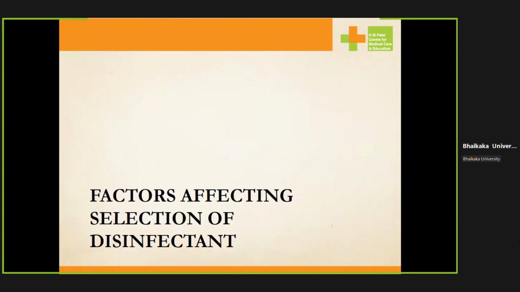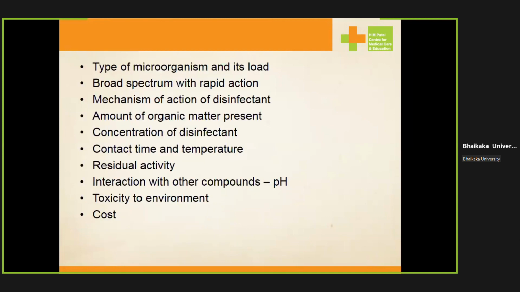So when I have to select a disinfectant for my use in my hospital or healthcare setting, I have to keep in mind certain factors, right? First of all, what type of microorganisms I am expecting in and around my patients, and what will be their load? How many would they be in numbers? This will help me select a broad spectrum disinfectant with rapid action.